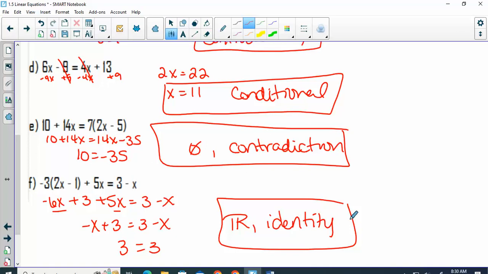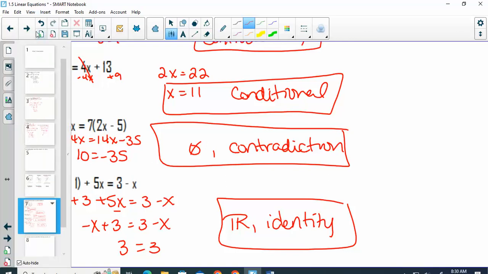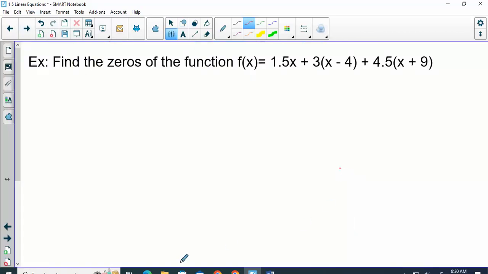Last example that I want to look at today. Say I asked you to find the zeros of this function. What is a zero when you're looking at a graph?